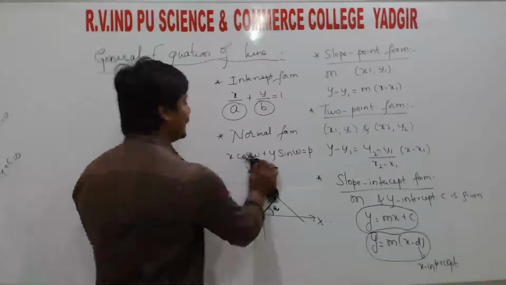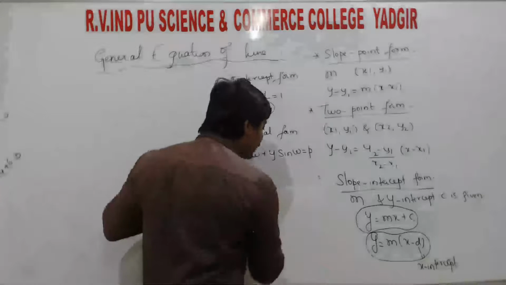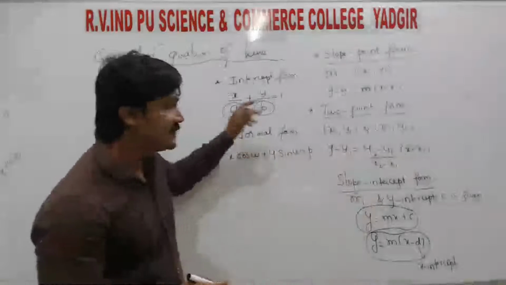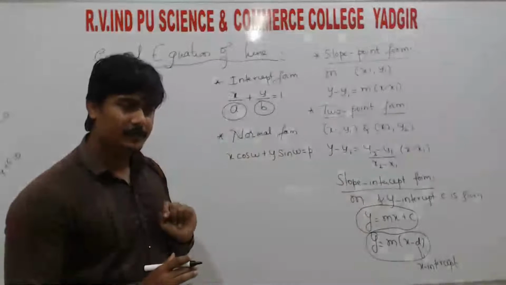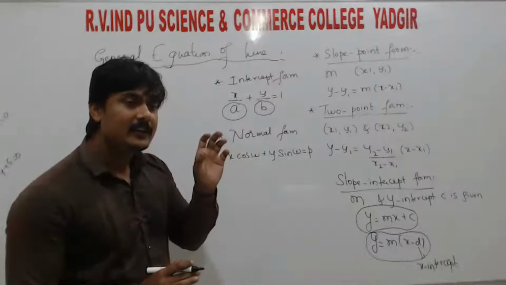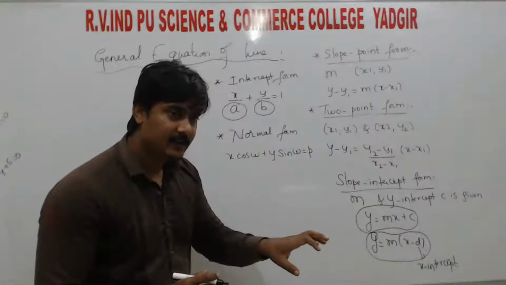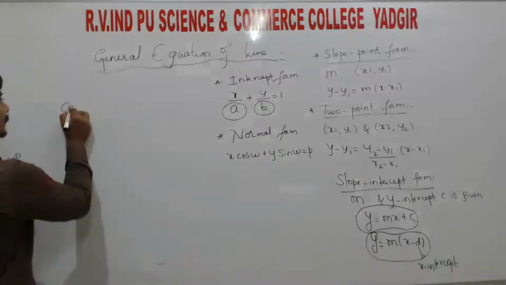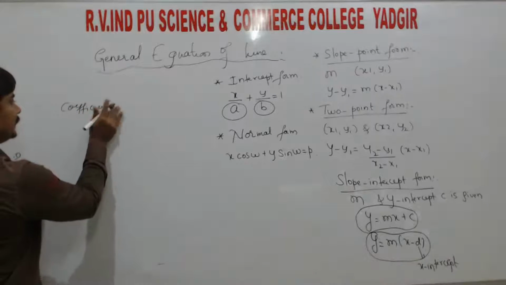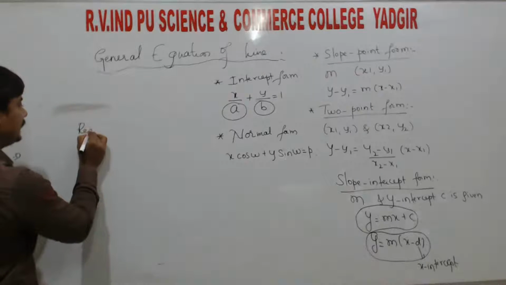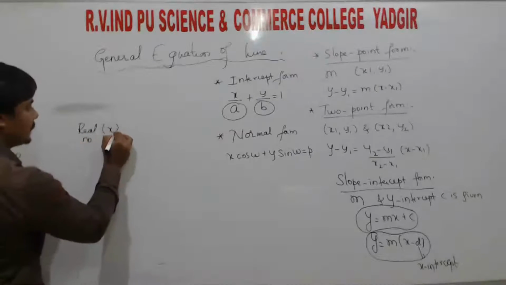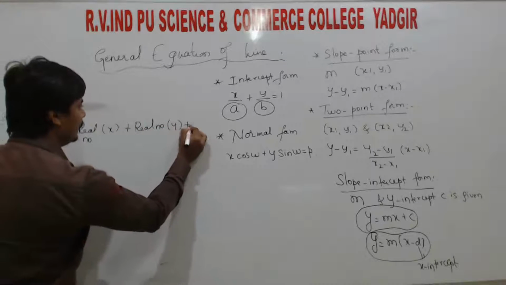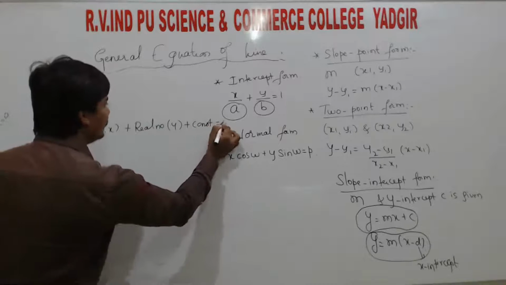Now the main point comes, look. Use all these forms of straight line equation, children, in any problem. Finally, whatever equation you used to get, it used to take a form like this: a real number into x plus a real number into y plus a constant equal to 0.